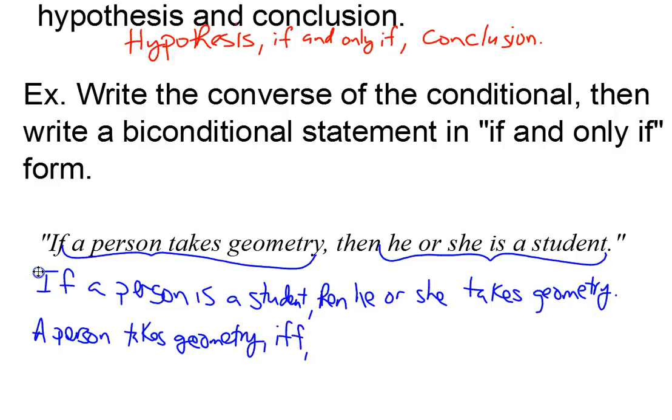If and only if he or she takes geometry. He or she is a student. My bad. Okay. And that's the sentence in biconditional in if and only if form.